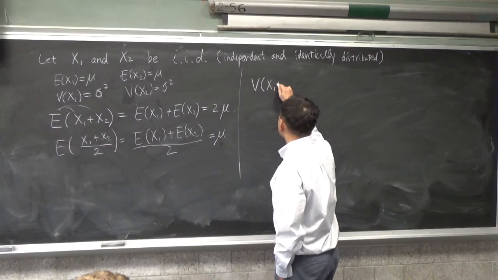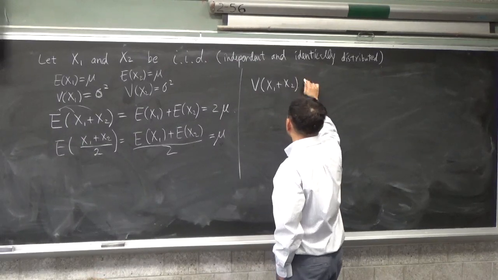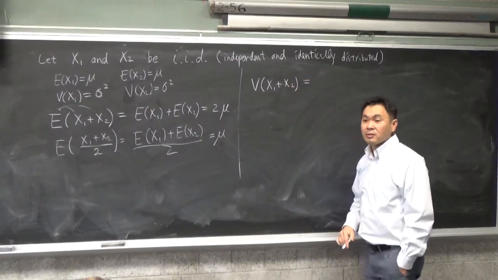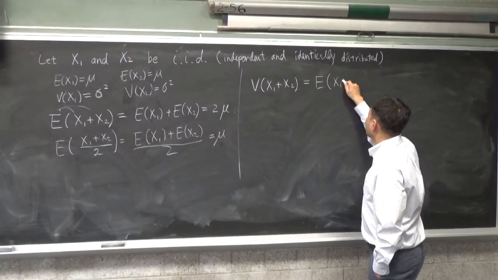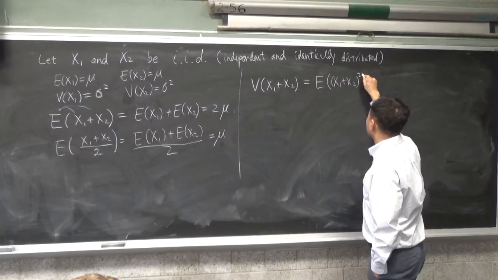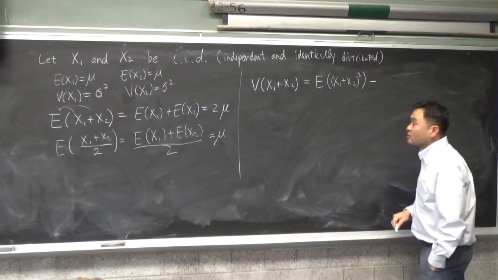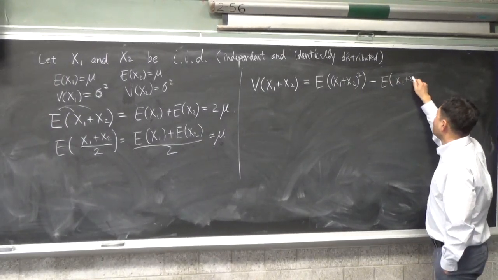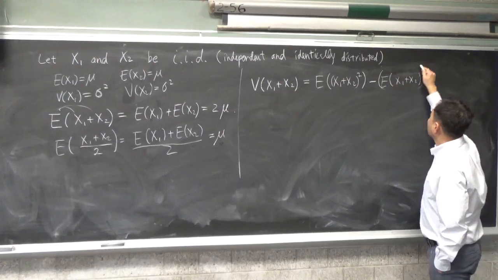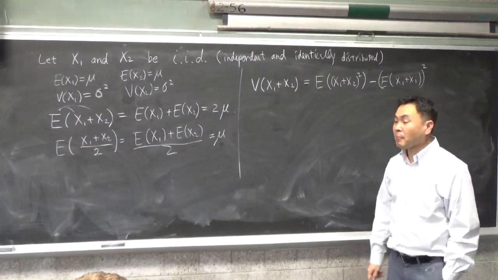Let's see, this is E of (x1 plus x2) squared minus (E of x1 plus x2) squared, right?